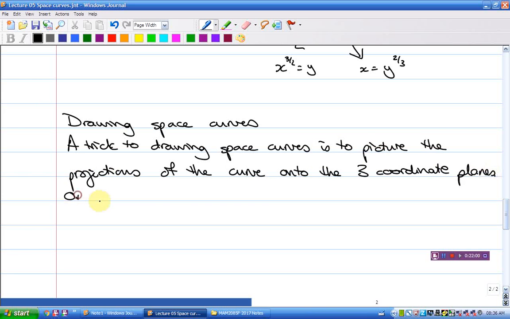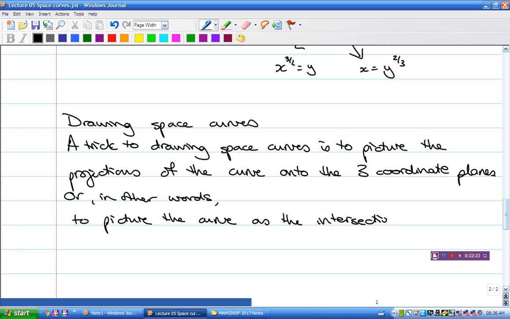Or, in other words, basically carrying on from the 2, to picture the curve as the intersection of 3 surfaces orthogonal to the coordinate planes.